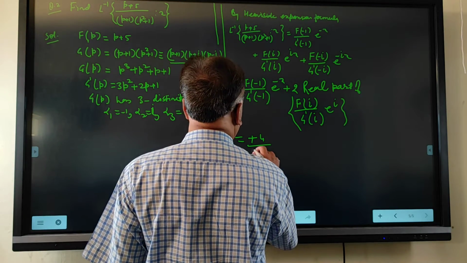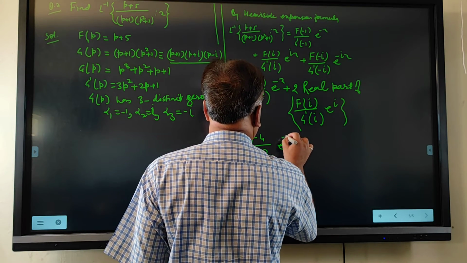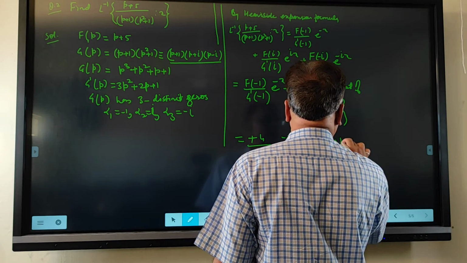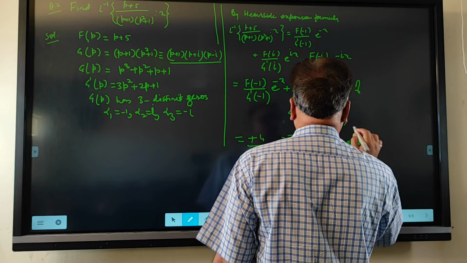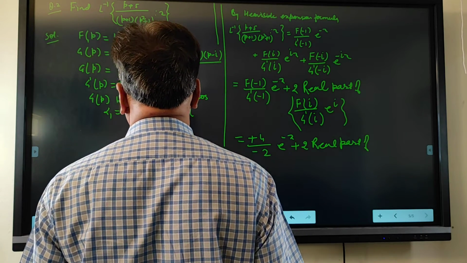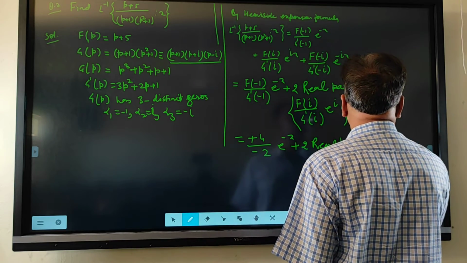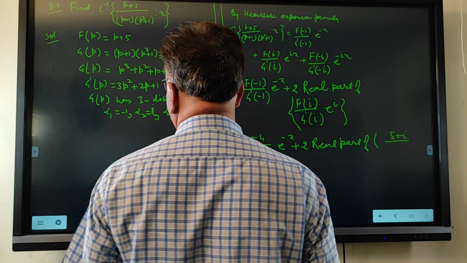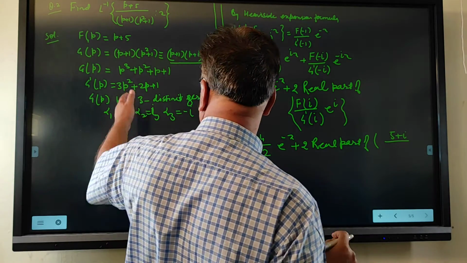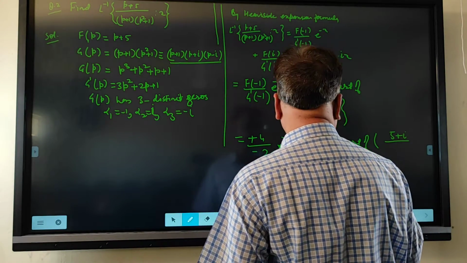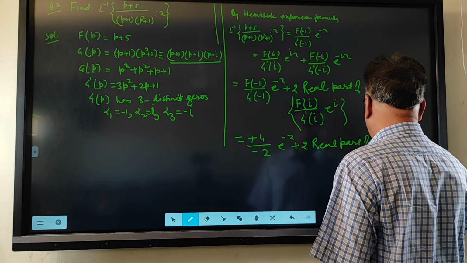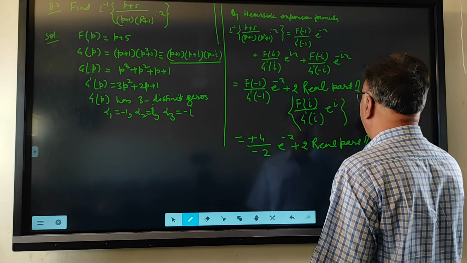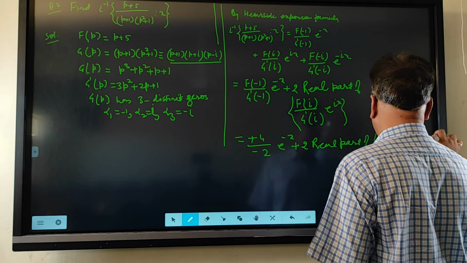So 4 upon 2 into e^(−x), plus twice the real part of F(i), which is i + 5, upon G'(i). G'(i) is −3 + 2i + 1, that is −2 + 2i, into e^(ix).